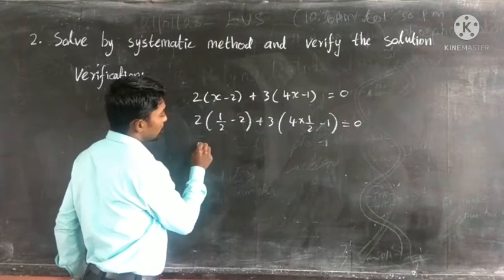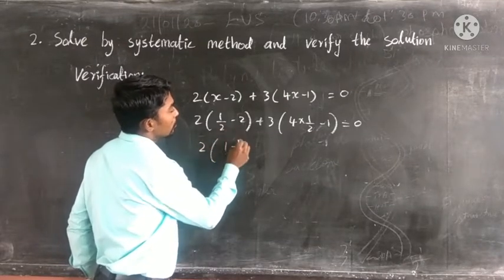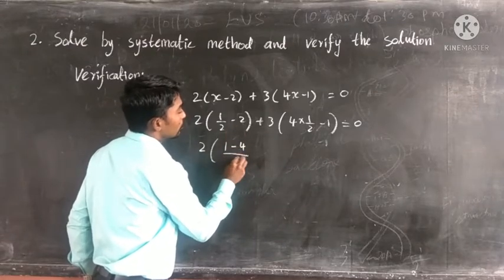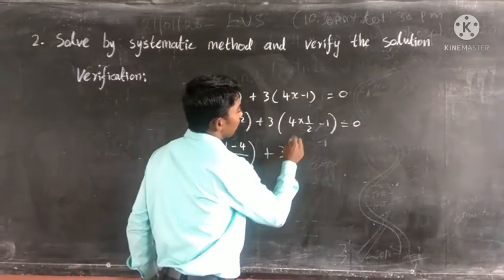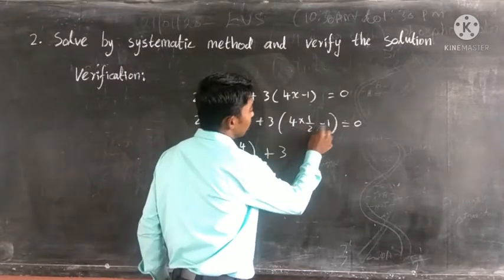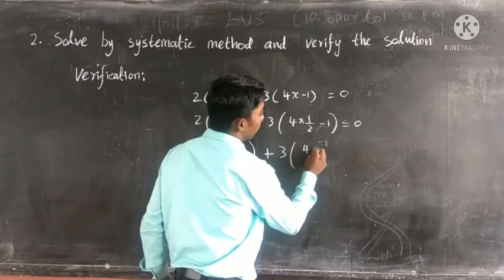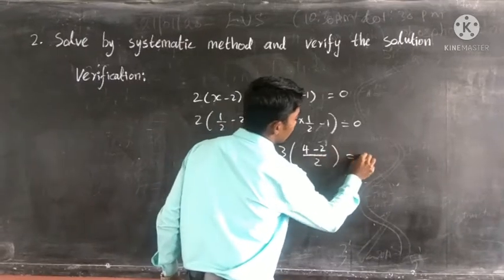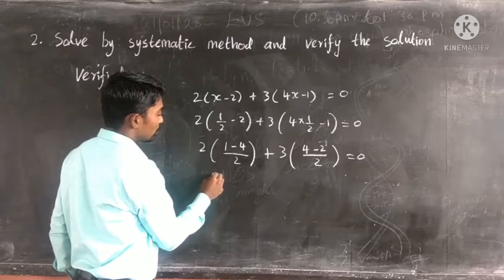We simplify, we get 2 of 1 minus 2 to the 4 by 2 plus 3 of, you can get cancelled, it will be 4 minus 2 side 2 is equal to 0. 1 minus 4 is minus 3.